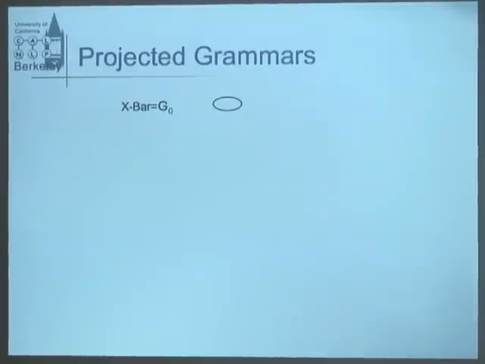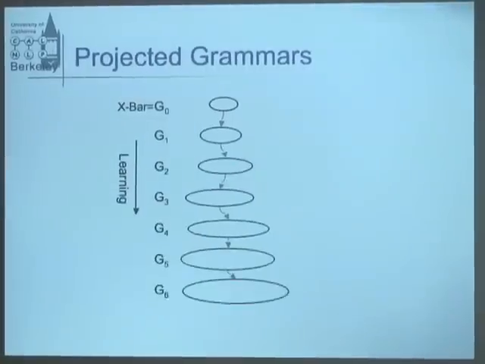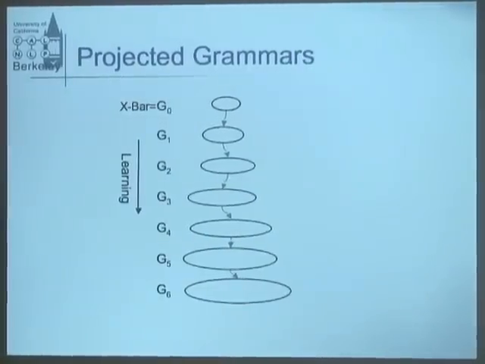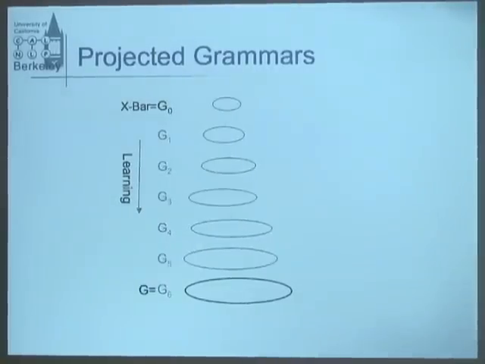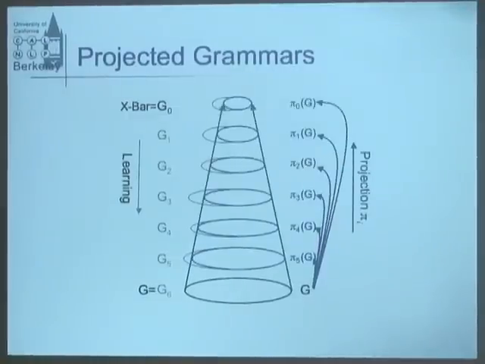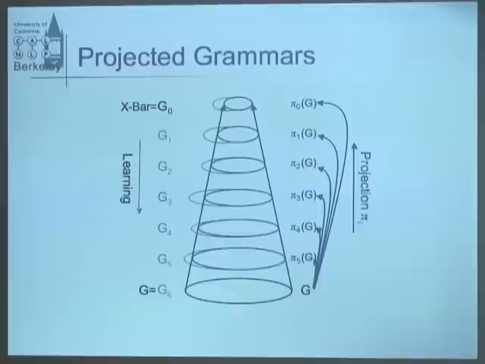One way of obtaining these grammars is by projecting back the most refined one. So we take our initial grammar, we do our learning procedure, but then instead of keeping the intermediate grammars, we throw them away, and we compute projected versions of our most refined grammar that are as close as possible, given the smaller set of parameters, to the most refined one.